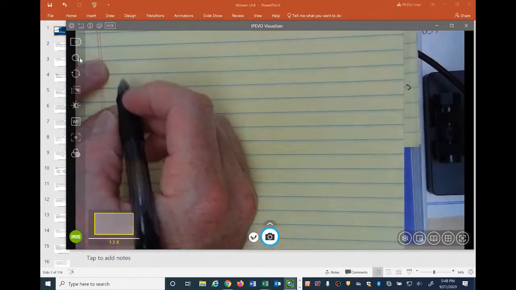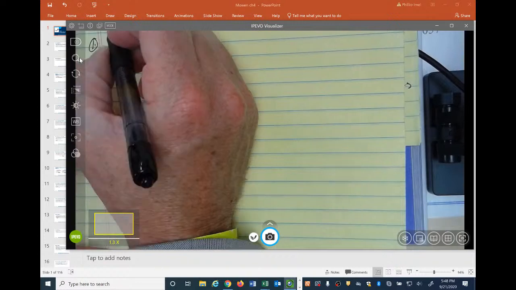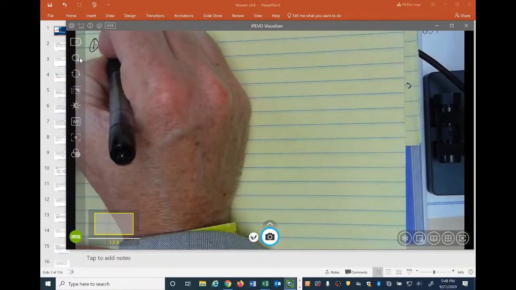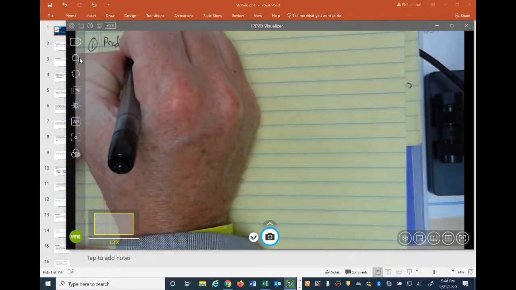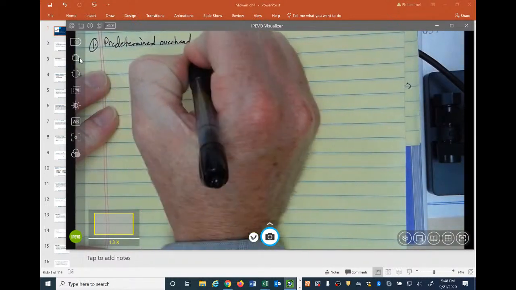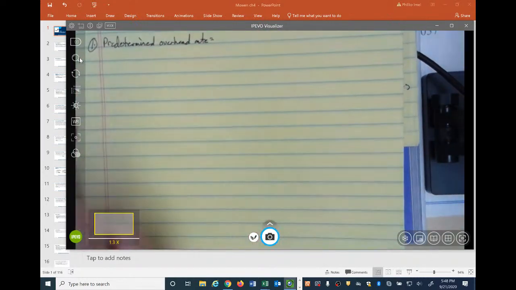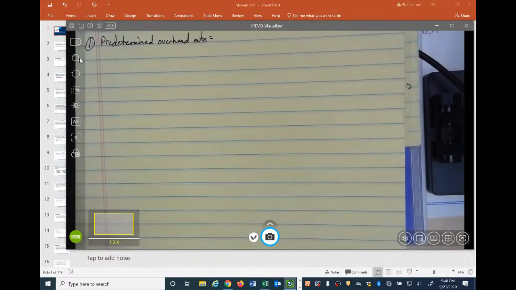So I'll go ahead and I'll still work through it with you. Good job. So predetermined overhead rate, that's what we're finding, right? Okay, so what's the formula to find that in this case? Because we have to work backwards, right?